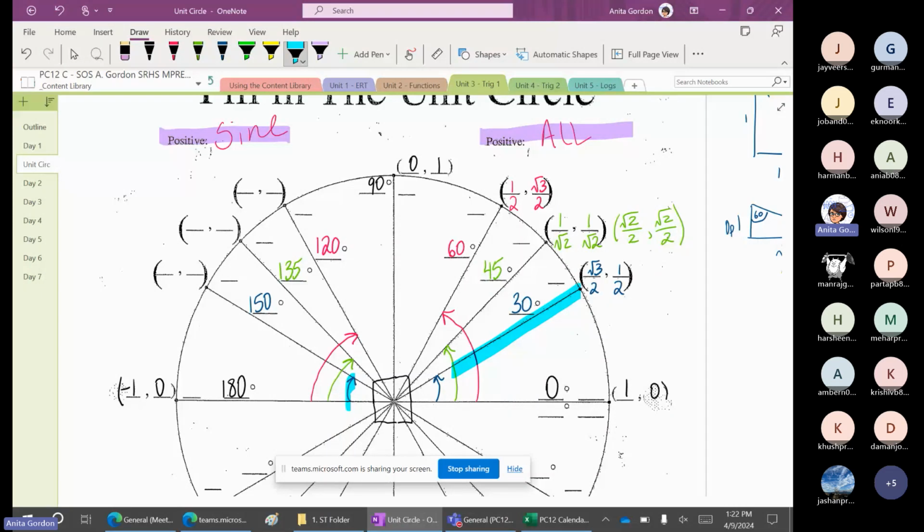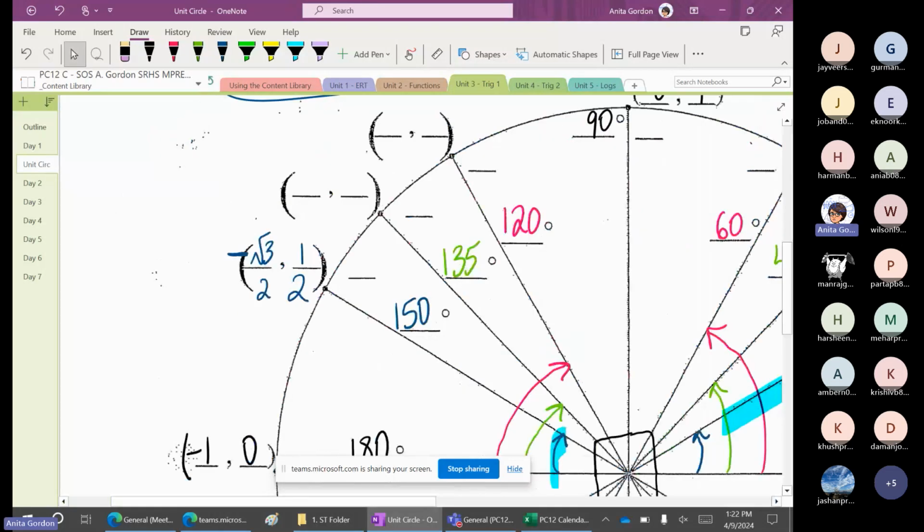So the coordinates at 150 are going to be root 3 over 2 and 1 over 2. The only thing I have to worry about is what is positive and what is negative. In my first quadrant, everything is positive. In my second quadrant, only sine is positive. Sine represents the y value, so sine is positive, and that means the x is negative root 3 over 2.